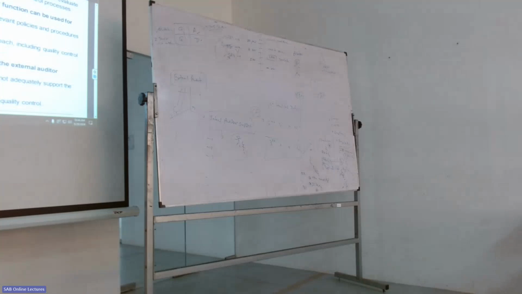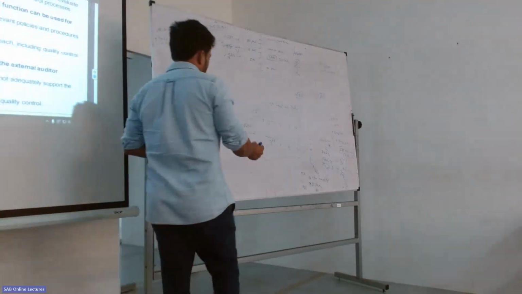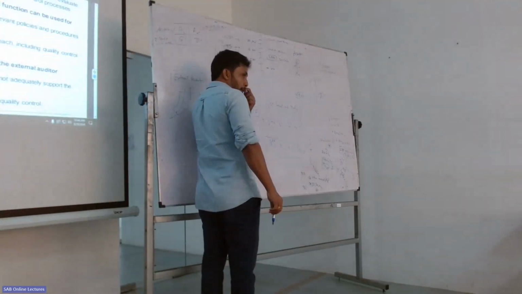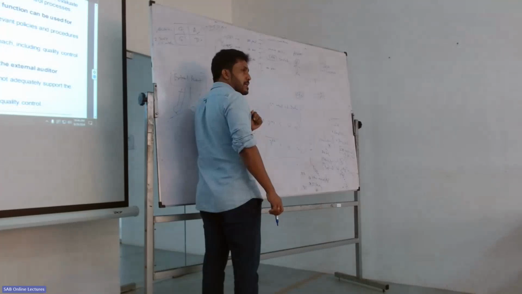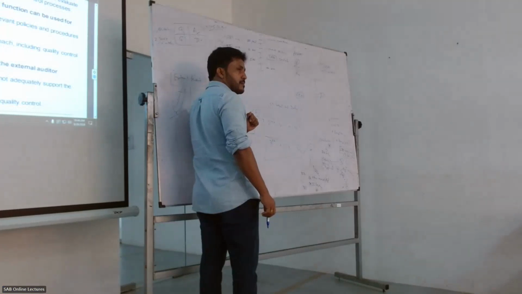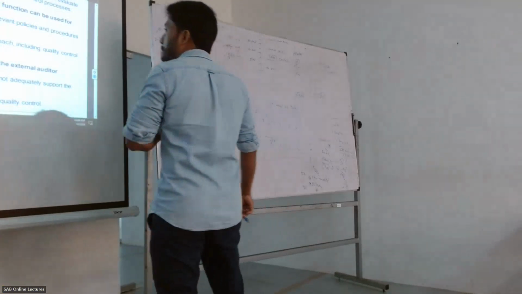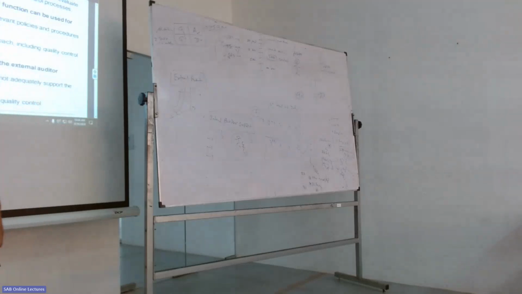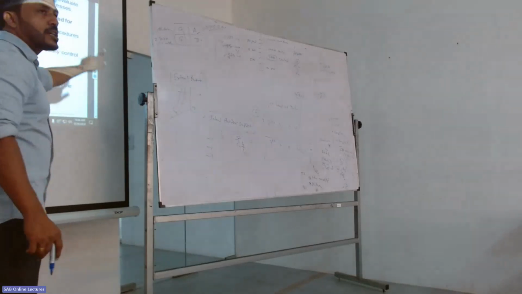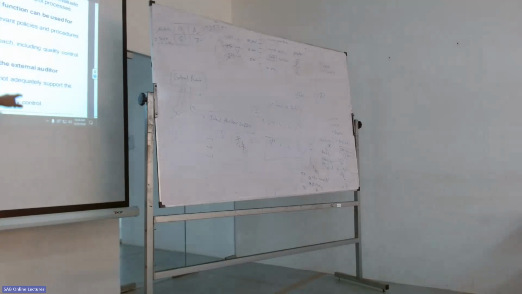Either a chartered accountant, valuers, the team make-up, that's really important. Whether the internal audit function applies a systematic and disciplined approach, including quality control. Are they using a proper approach for sample selection, audit planning?